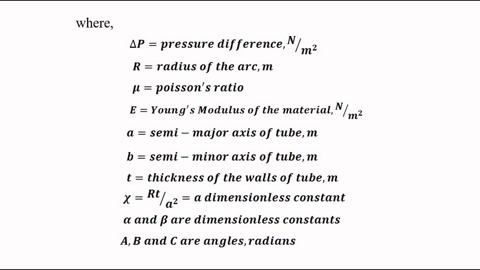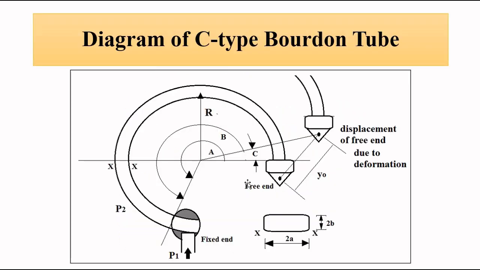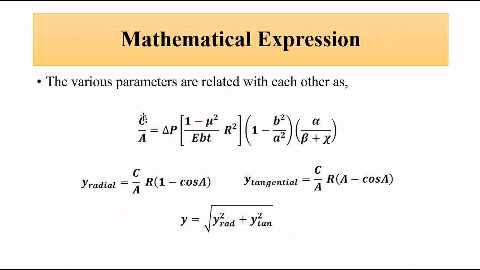A is the initial angle, B is the final angle, C is the difference between them. So this gives us the relationship between the angle and the differential pressure. As these things are already known, we can calculate the differential pressure. This is about the pressure sensitive element which we have used in this case, which is the Bourdon tube.